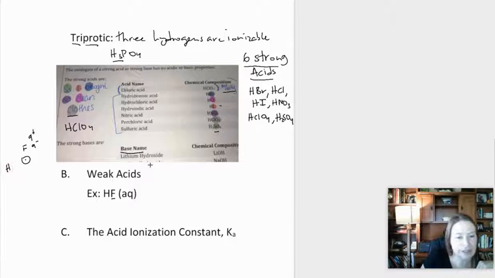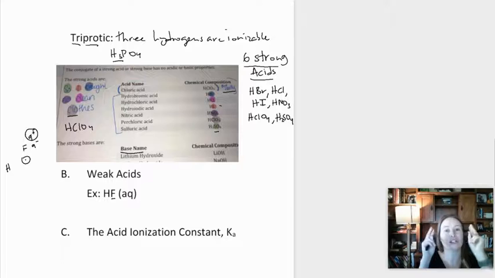Hydrogen is also tiny with its little 1 proton and 1 electron. Because fluorine has a pretty large positive charge and it's such a small atom, the coulombic force, okay, the size of the atom and the charge, is so great that hydrogen really likes to stick to it. So that hydrogen and the fluorine, they stay together.